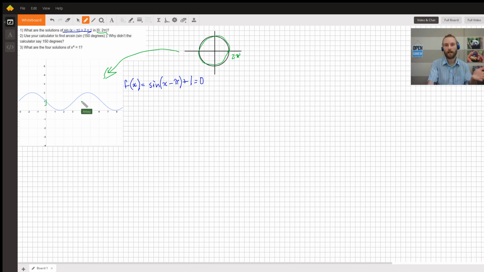What is 2 pi? Pi is 3.14-ish, so 2 pi will be twice that much, or 6.28-ish. So right about in here. Between here and here is the only part that we care about.